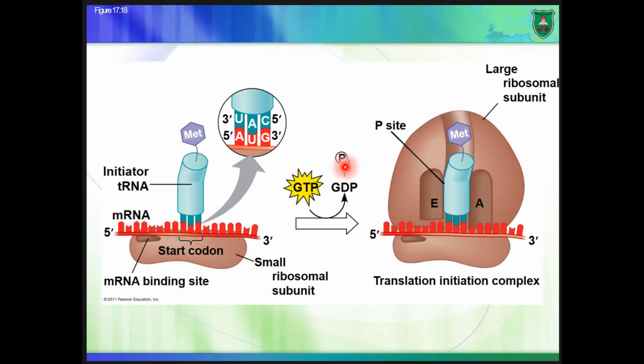With initiation of translation, this slide is straightforward in biology 101 where the small subunit attached to the mRNA وبعدين the start codon recognized by the initiator tRNA, which is a tRNA carrying the methionine. This in turn, it's GTP driven in order to assemble the large subunit al complex هذا.